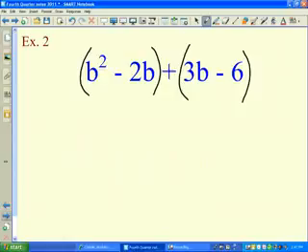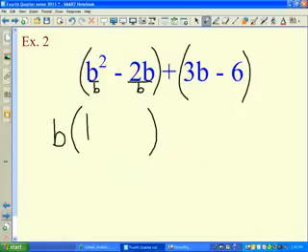So b squared minus 2b, what they have in common is b. So in order for me to fill this parenthesis, I need to divide everything by my b. So b squared divided by b is b, minus 2b divided by b is 2.